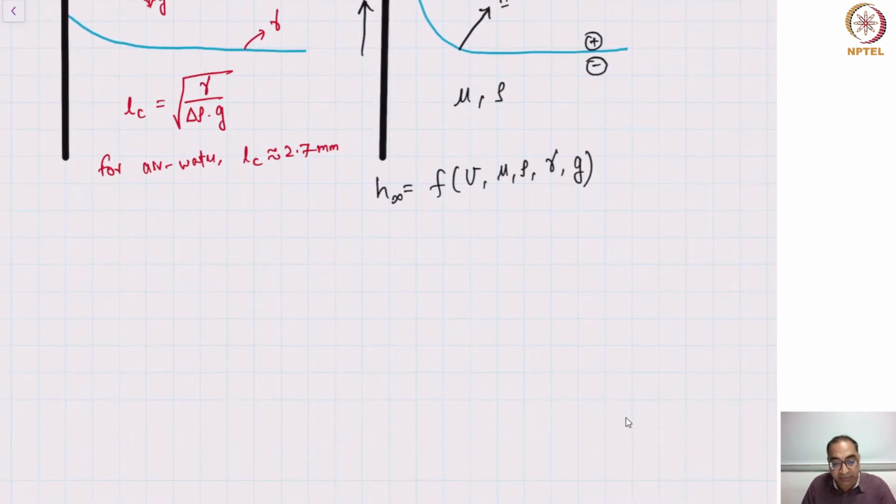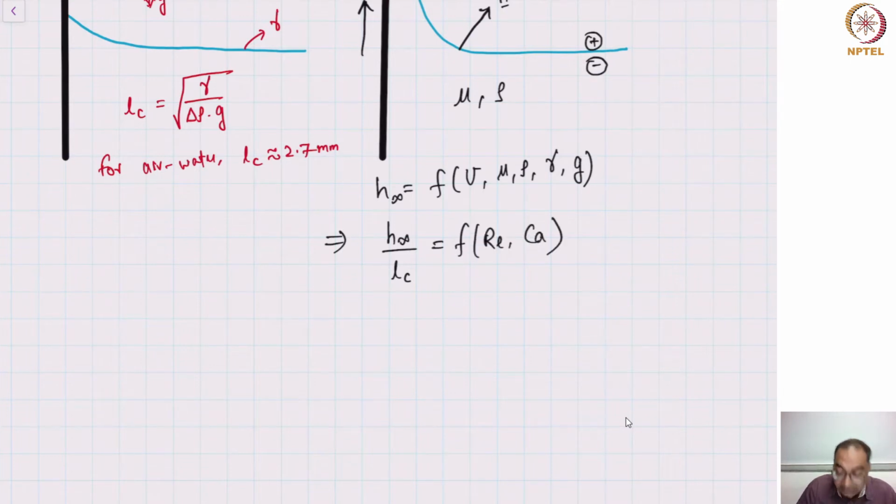Now we can use Buckingham pi theorem and find that there are three non-dimensional numbers which govern this problem. Or in other words, we can show that the non-dimensional thickness, that is the thickness of the coating relative to the capillary length, is going to be a function of Reynolds number and capillary number, right?